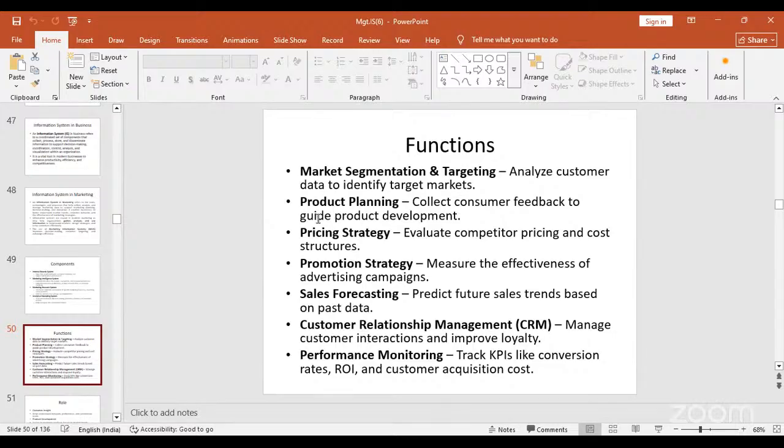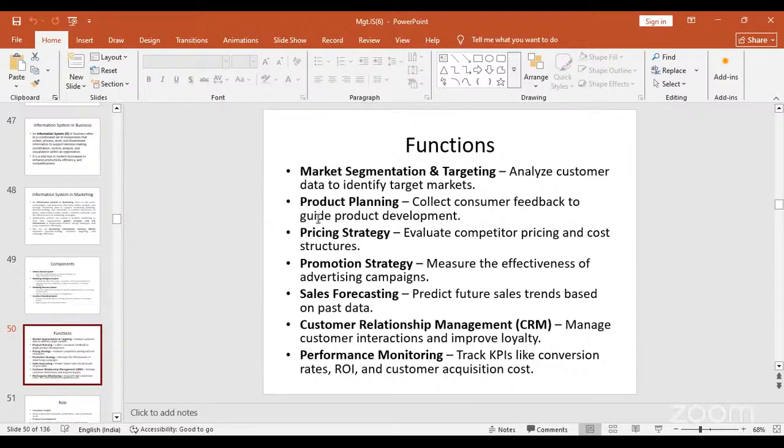Then performance monitoring, that is tracking the key product indicators like conversion rates, ROI (return on investment), customer acquisition cost, etc. Suppose you provide free delivery, then the customer may be attracted.